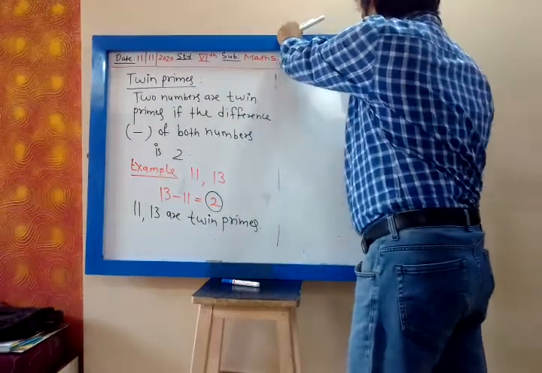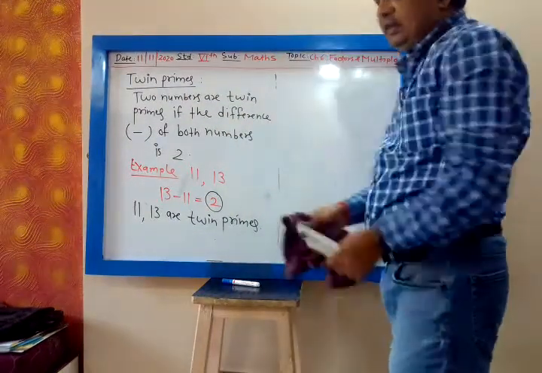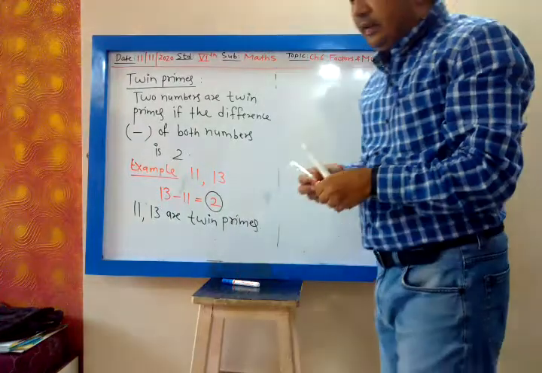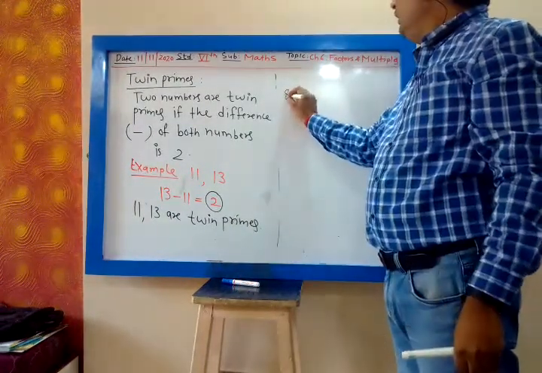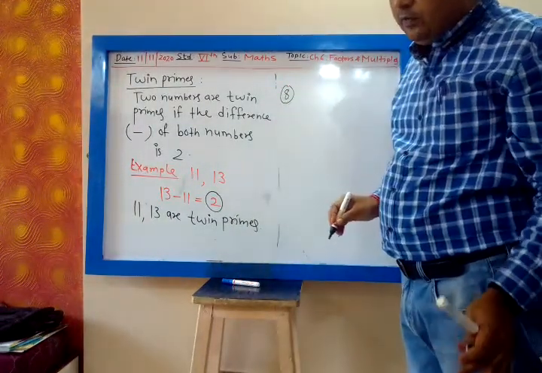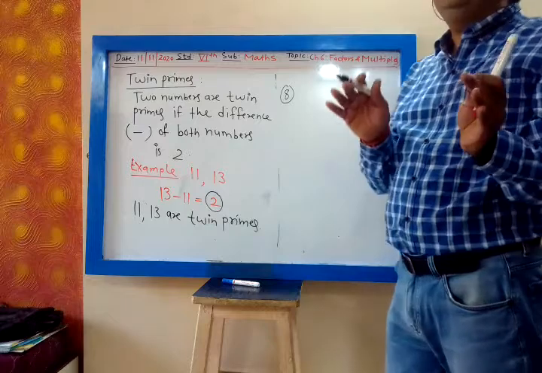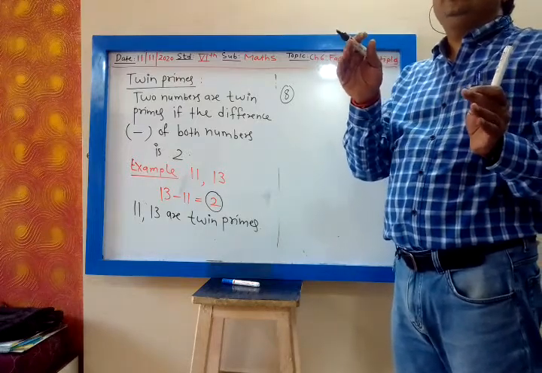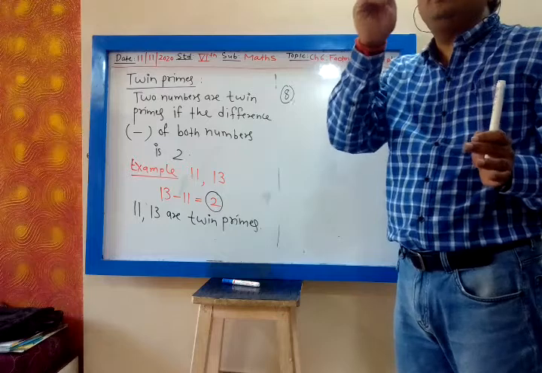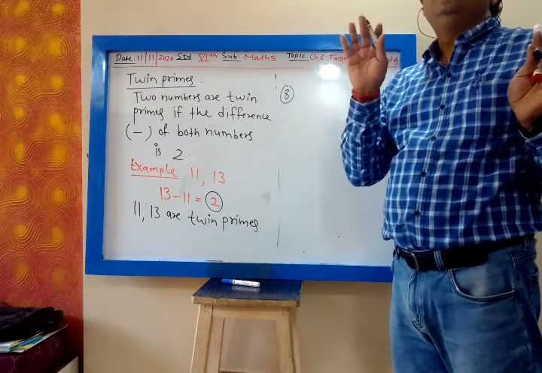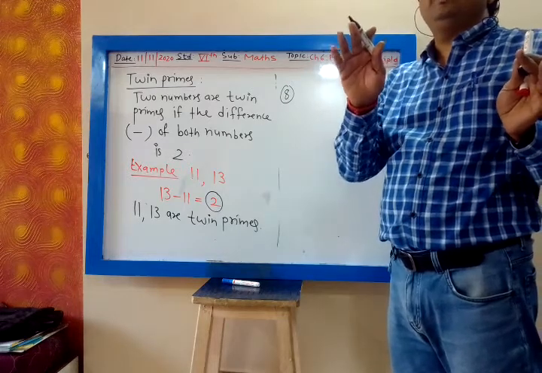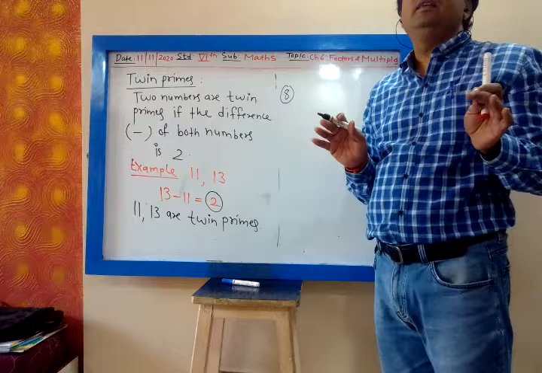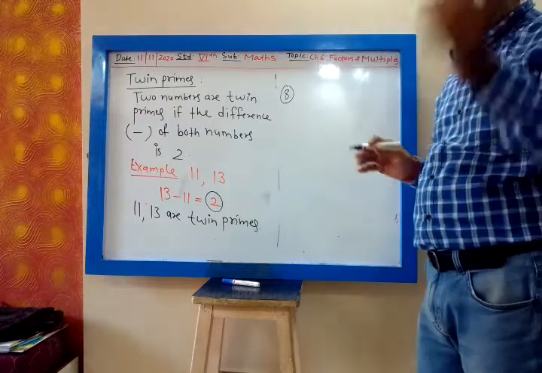Now let us see exercise number 8. Co-prime means you have to find the factors of both the numbers. If both the numbers have 1 as the only common factor, then the numbers are co-prime.